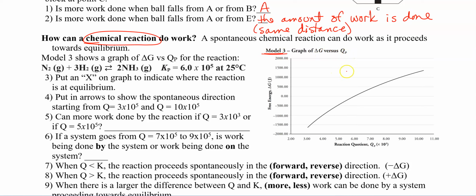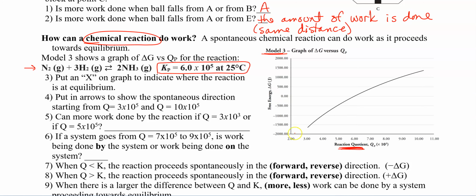It's just like Kp, but it's a Q. It's in pressures because it's for this reaction here where we have all gases, and so the Kp is given to us. And so they plotted the delta G as this reaction proceeds versus the reaction quotient.